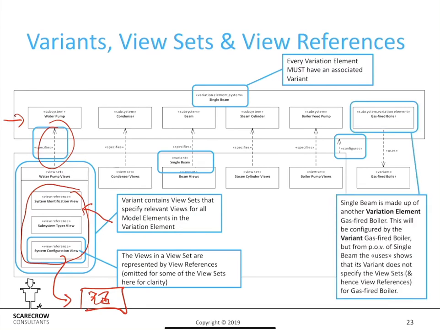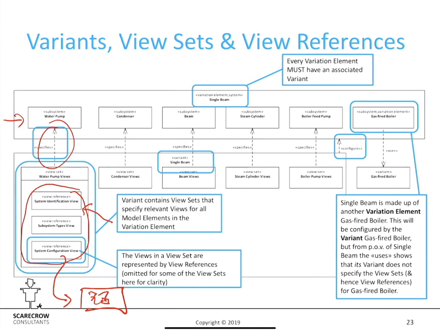Because the single beam itself, one of its elements is itself a variation element. That's going to have its own variant for the gas-fired boiler, which has got all of the view sets for the gas-fired boiler. So we don't duplicate that information.